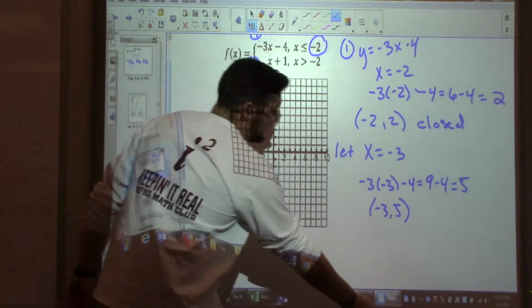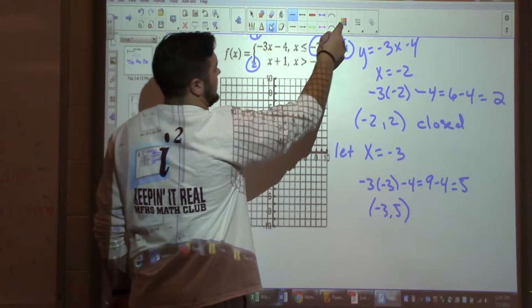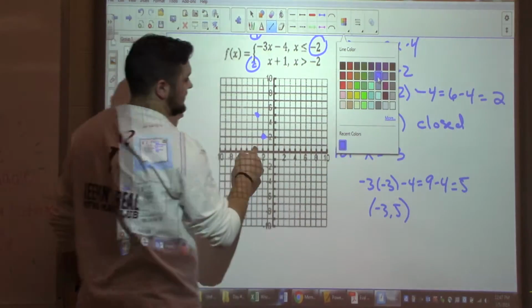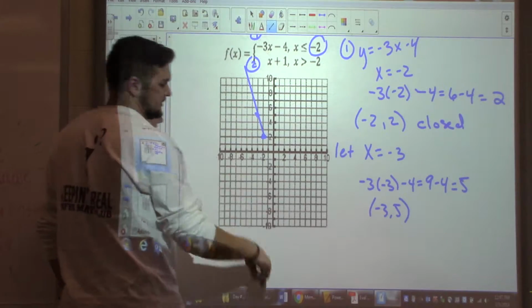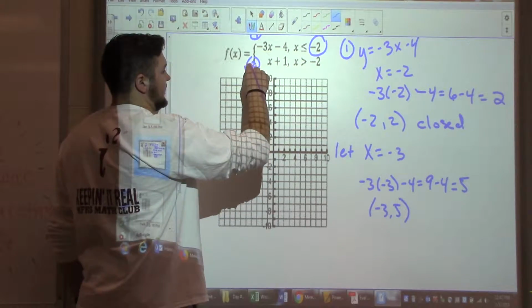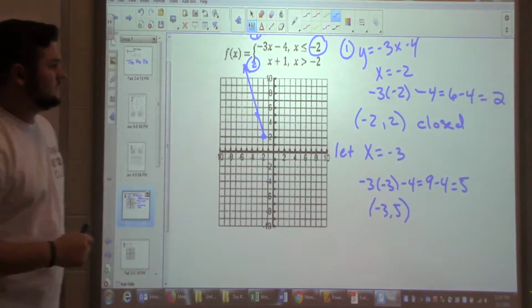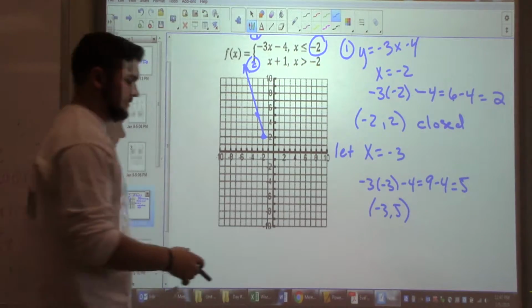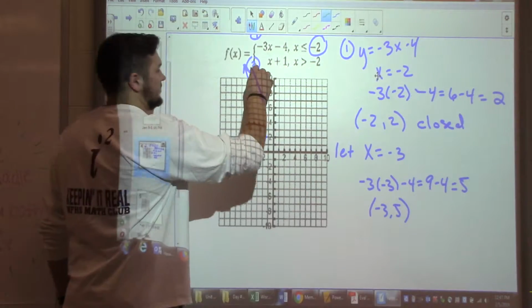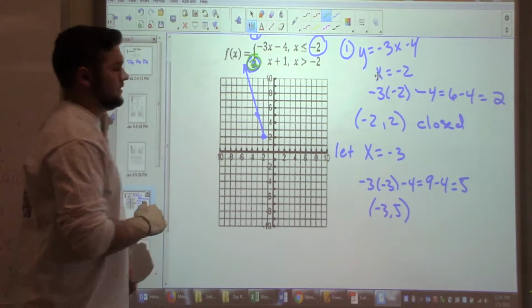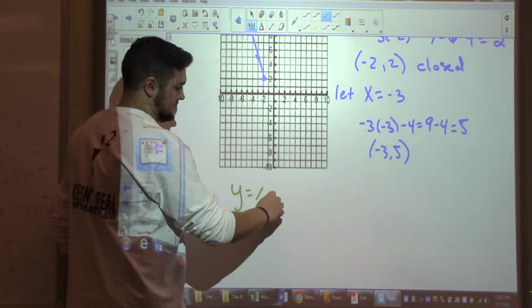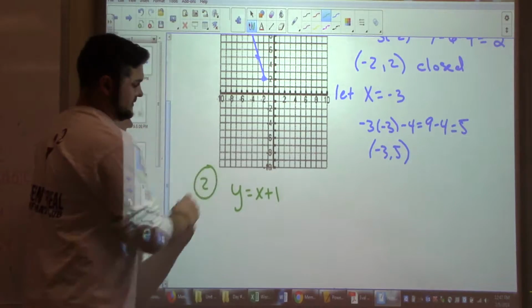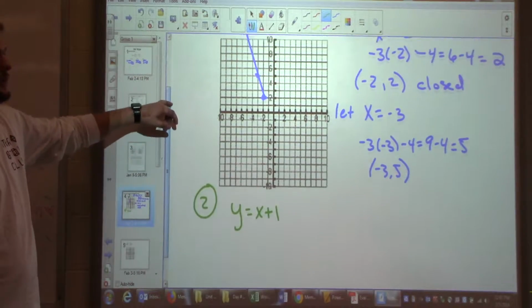Once I have those down, I can take my straight edge out and draw my line. Start at your endpoint, go through the direction point. Okay, that's part 1. Part 2. Y equals x plus 1. First thing we're going to do is find our endpoint.